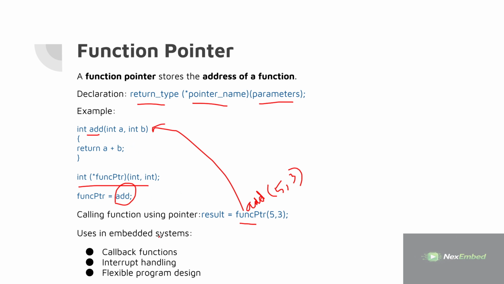Function pointers are generally used in callback functions, interrupt handling, and flexible programming. A callback function is implemented using a function pointer. In a callback function, we pass the function address to another function, and that function will call back later.